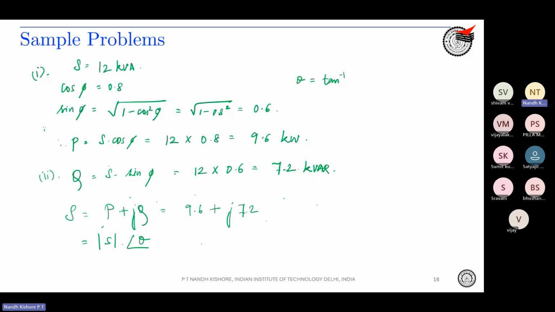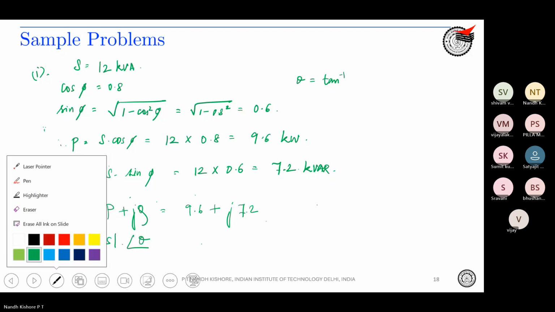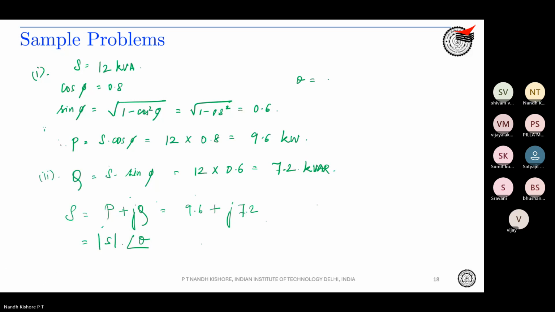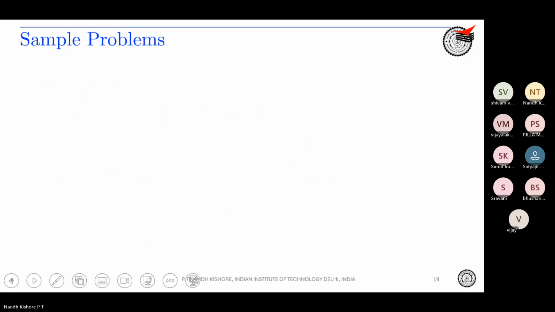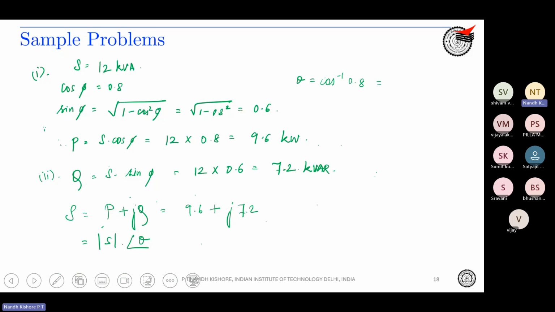Theta is equal to cos inverse 0.8, which is 36.87 degrees.